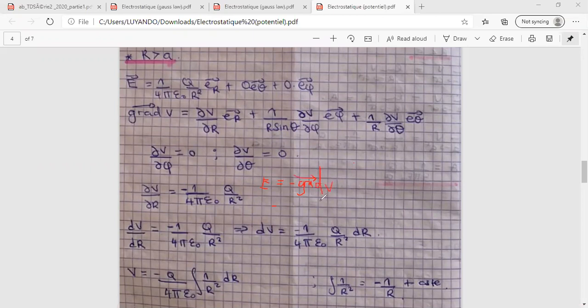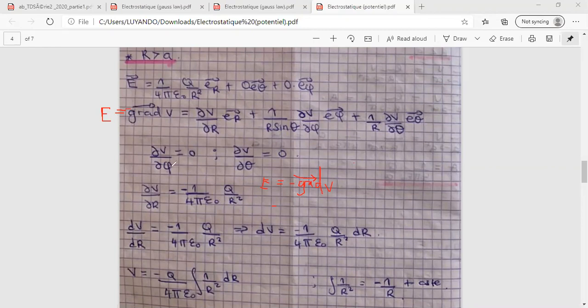So for grad V, in the direction dV dr, we have something. So dV dr is equal to this here, and this is E, as we've established, with the negative.